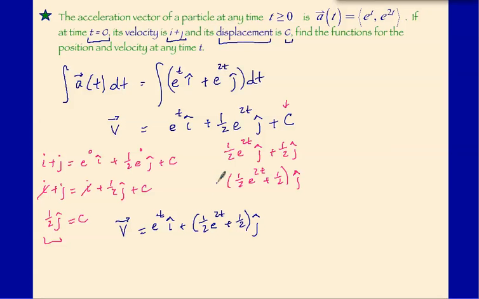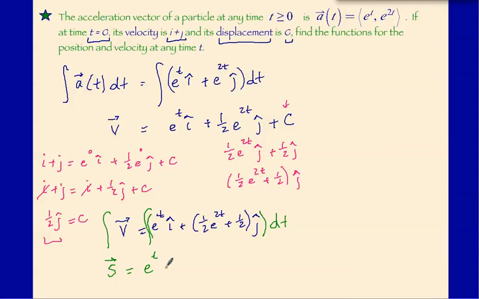Now we have to integrate again to get the position vector. Now I'm going to start down here, but I'm probably going to have to go off to the side over here a little bit as well. But we're going to integrate these two, and this is going to be this whole function dt, as you can see. So that means my position function, s vector, is equal to e to the t.